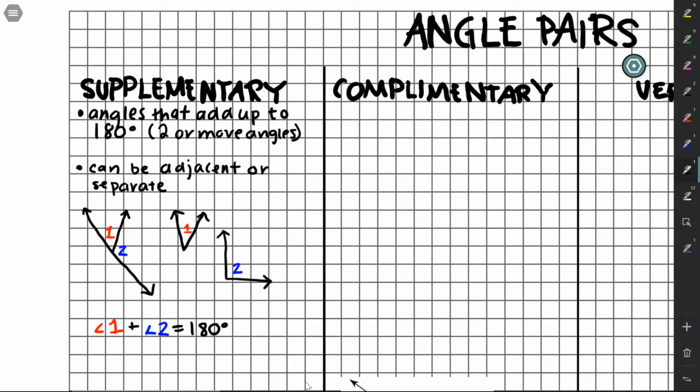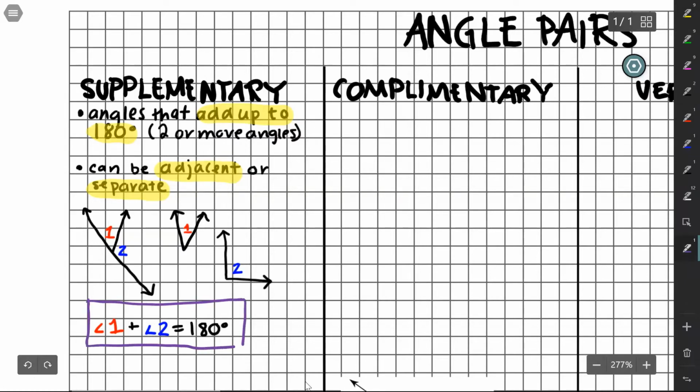Right? So angles that add up to 180 degrees, and they can be adjacent or they can be separate. So what is important to remember is that they will always add up to 180 degrees.